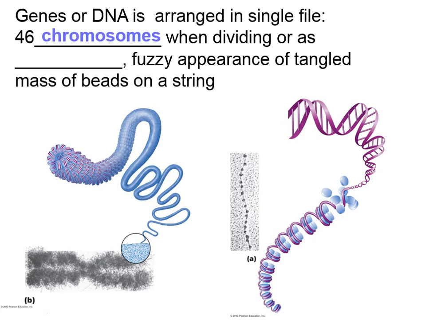You have 46 of these single file DNA pieces called chromosomes. When a cell is getting ready to divide, the DNA is going to be concentrated so that we can divide it properly. But when a cell is doing what a cell does, we need the DNA all spread out thin so we can get to the pattern.